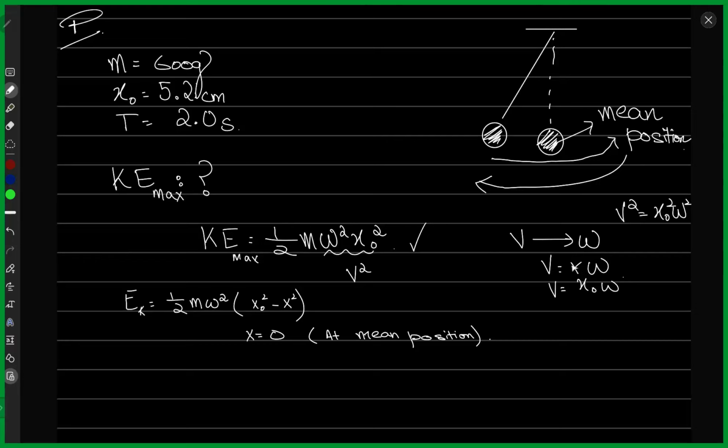R was simply, if we're talking about circular motion, the radius of that oscillation of the object oscillating in a circle. Of course, in any general case it would be x naught, not any x, it should be the amplitude, the maximum displacement, right?